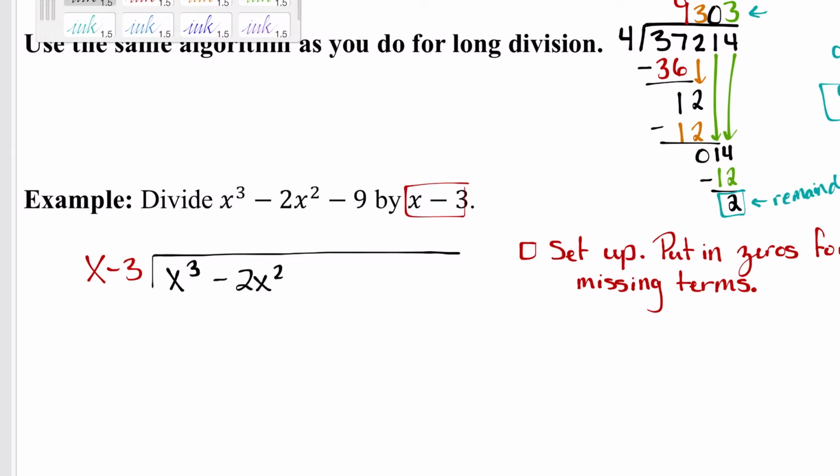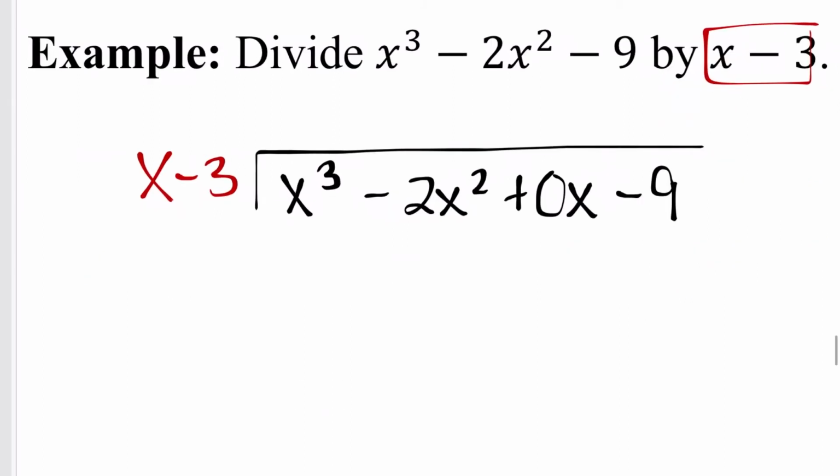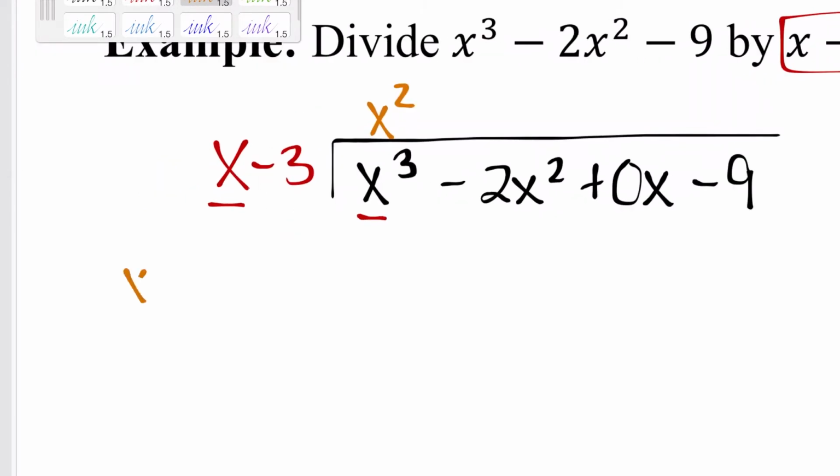Not all of my terms are represented, so in order to represent that missing term, I'm going to have a 0x. I want everything represented so that it all lines up nicely. The first thing I'm going to try to do is to get my x to turn into x cubed. In order to turn x into x cubed, I would multiply by an x squared. So when I multiply by x squared, I end up with x cubed minus 3x squared.